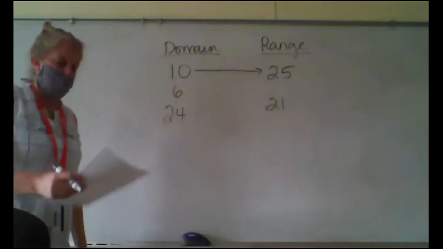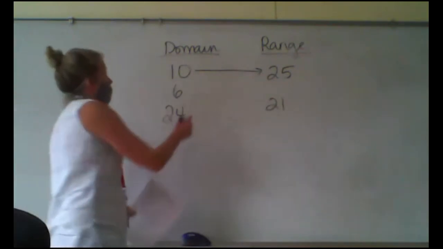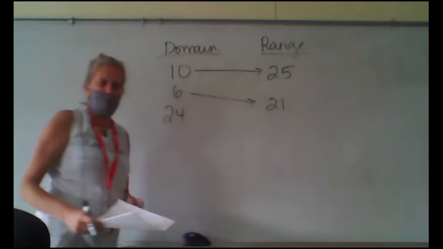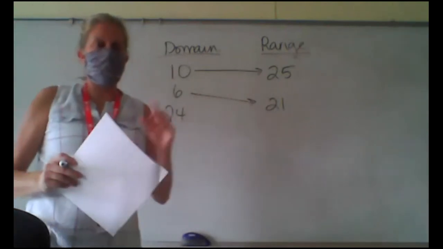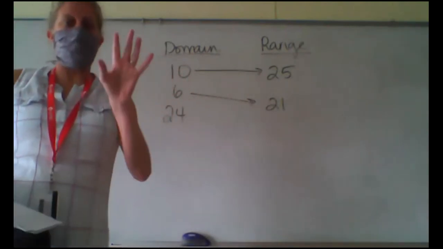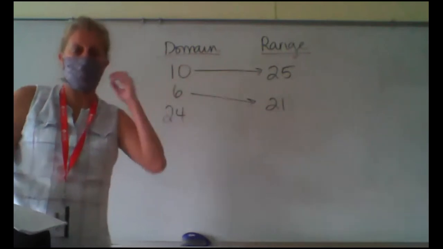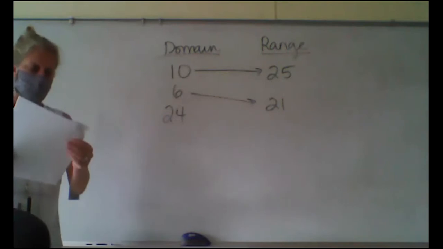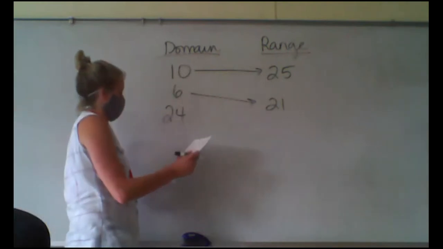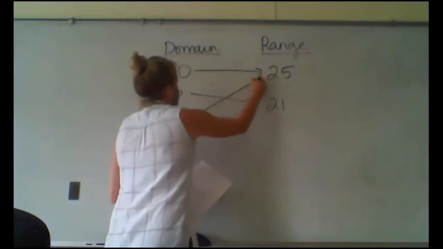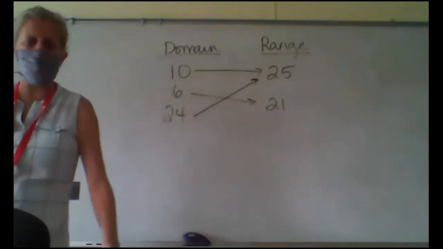Okay? What about the 6? It only goes to the 21, which means that element in the domain also only goes to one number in the range. So it's still classified as a function. The 24, where does the 24's arrow go? Just to the 25.